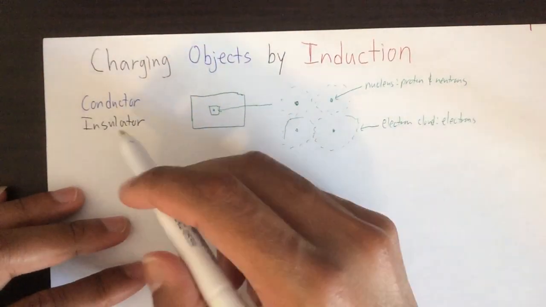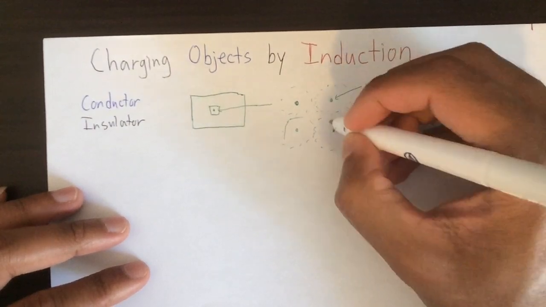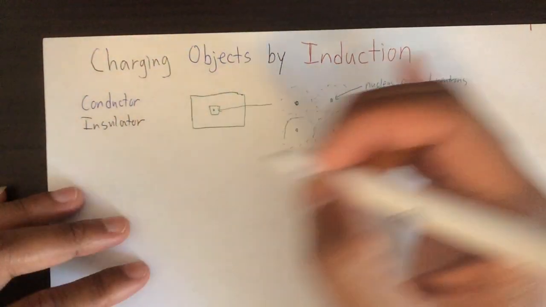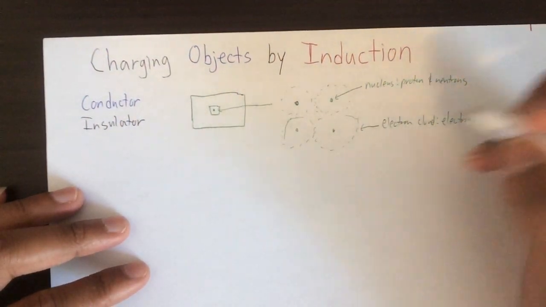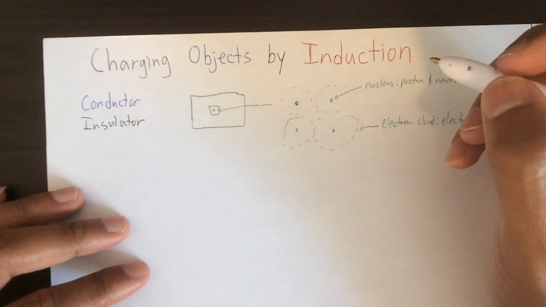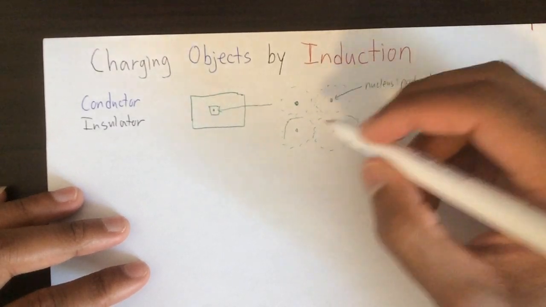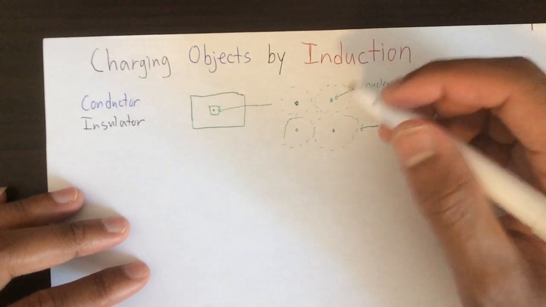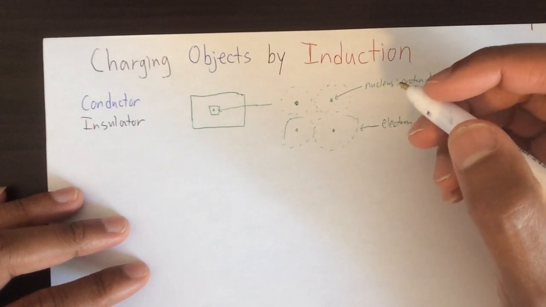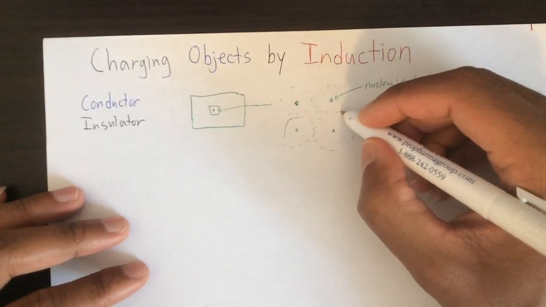So in a conductor, the electrons swirling around these atoms can move throughout the material if they have to. They're not stuck here. Versus an insulator, because of the protons and the orbital levels and different electronic interactions, these electrons are bound.